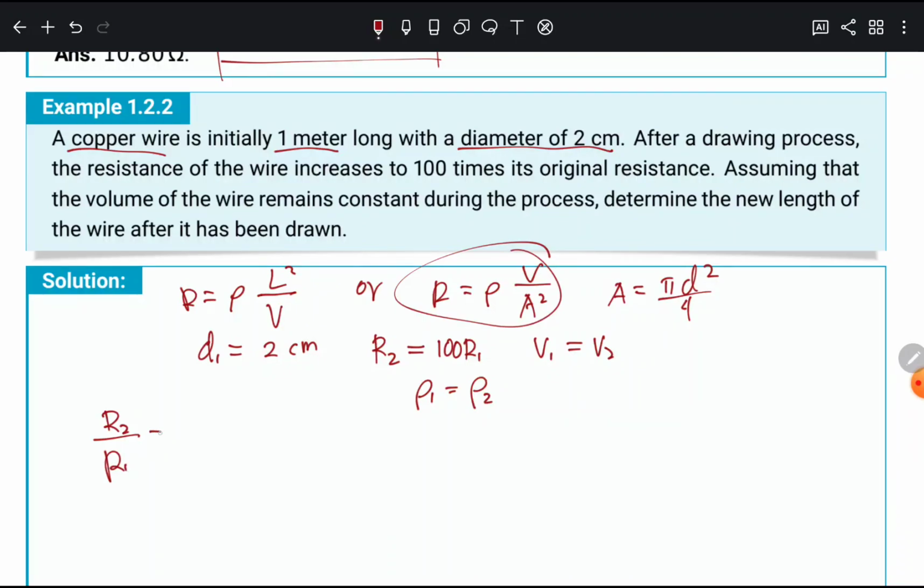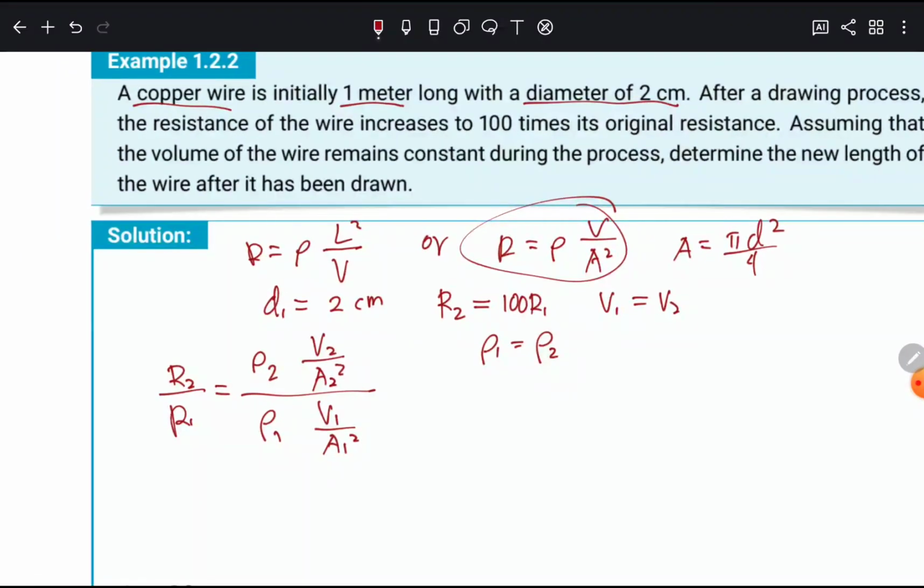R2 all over R1 will be equal to rho 2 over V2 all over area 2 squared divided by rho 1 V1 squared all over A1 squared.